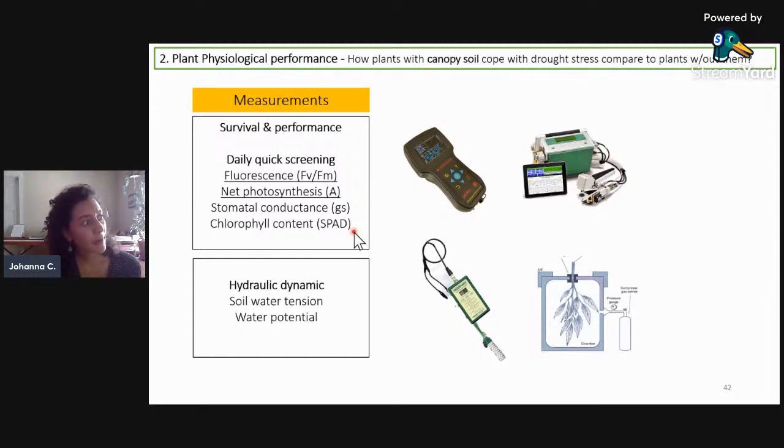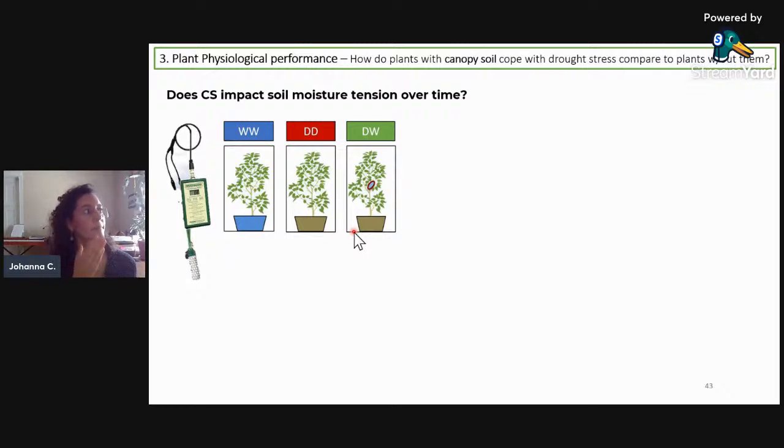The first thing we looked at is, CS refers to canopy soil, how does canopy soil impact the soil moisture tension over time? We used soil tensiometers, which measure the force of the water molecules attached to the soil particles, how strongly a water molecule is attached to a soil particle.